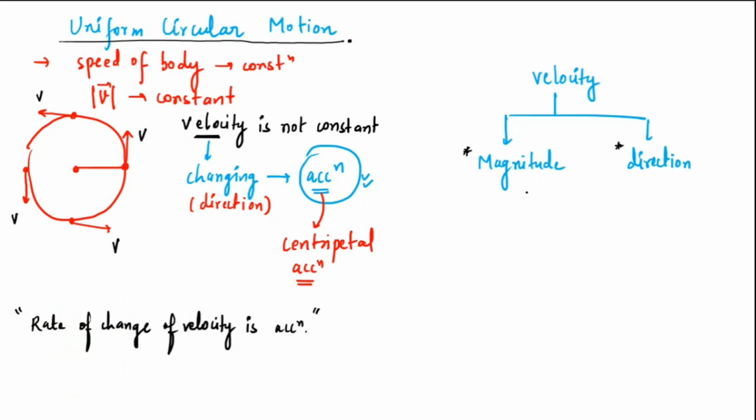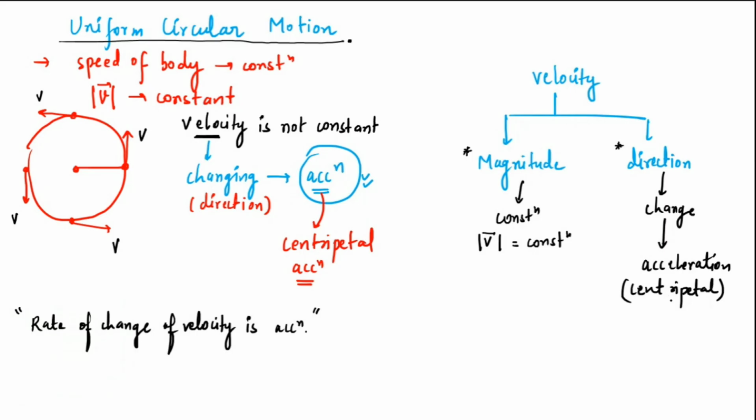In uniform circular motion, the magnitude of velocity is constant. It is not changing. So acceleration is not going to be produced due to a change in the magnitude of velocity, but direction keeps on changing. The acceleration we see here is known as centripetal acceleration.